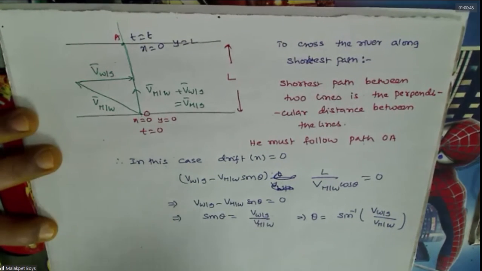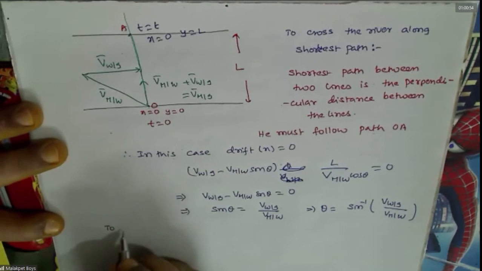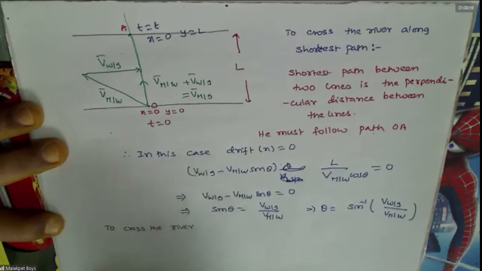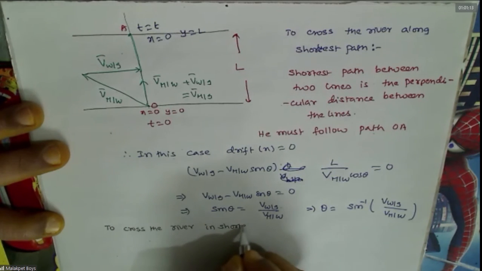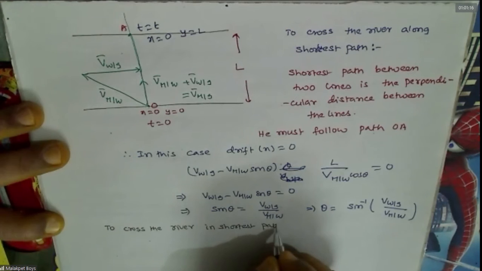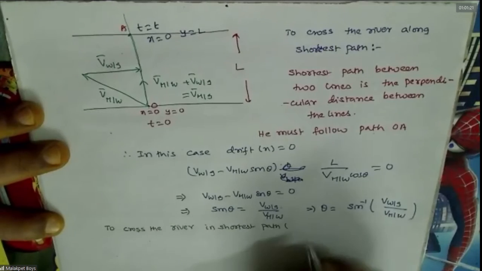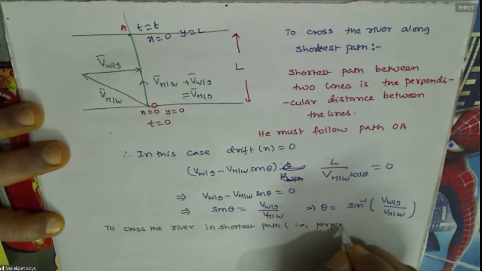So to cross the river, it is perpendicular to river flow.